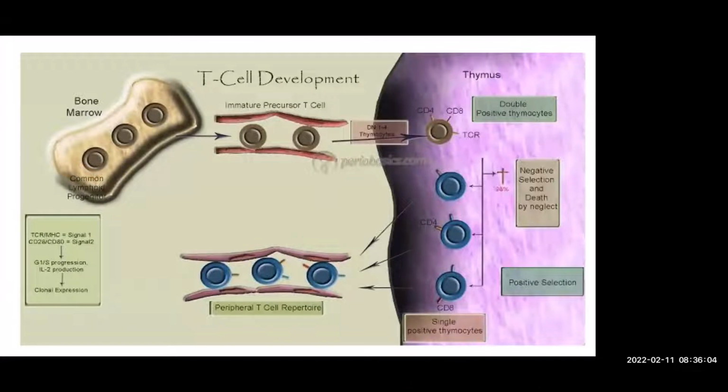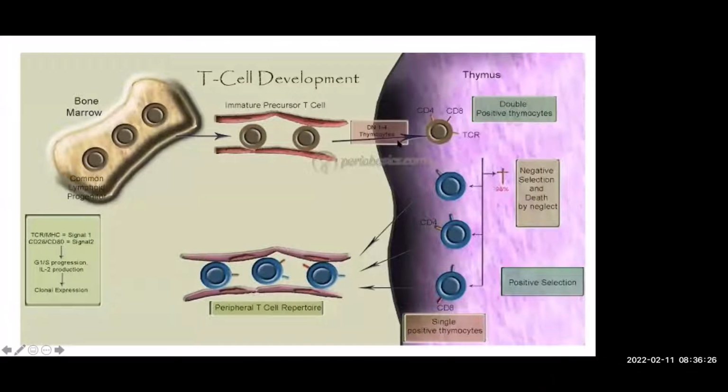This process of maturation is reflected by changes in immunophenotype, in which the cells acquire different expression of antigens as they move from cortex to medulla. So the initial cells which enter from the bone marrow into the thymus are called double negative thymocytes.